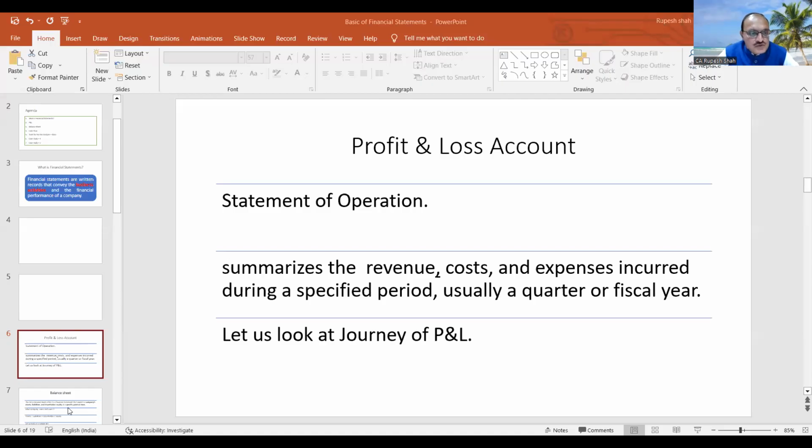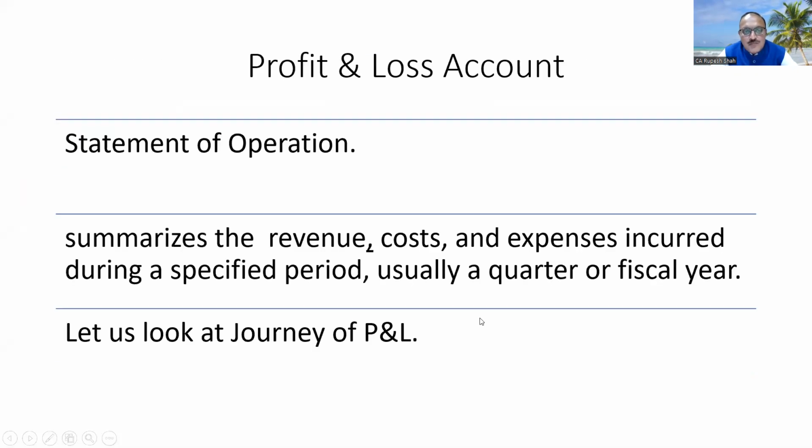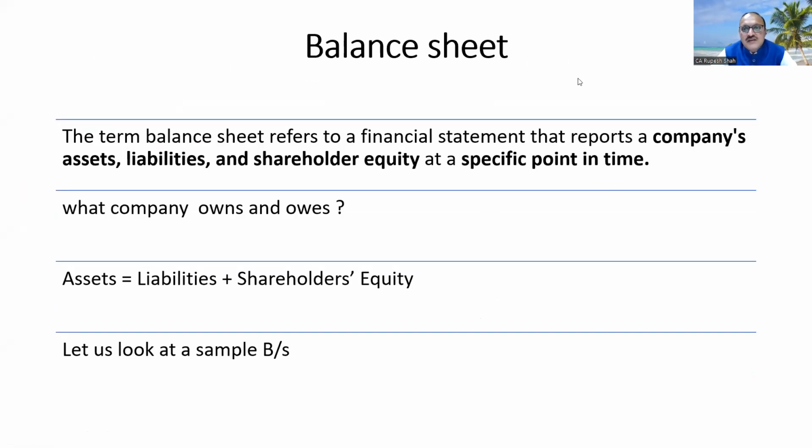Let us move to the presentation again. Now, having understood this, let us move to the balance sheet. A second important component is the balance sheet. So what we mean by the word balance sheet?